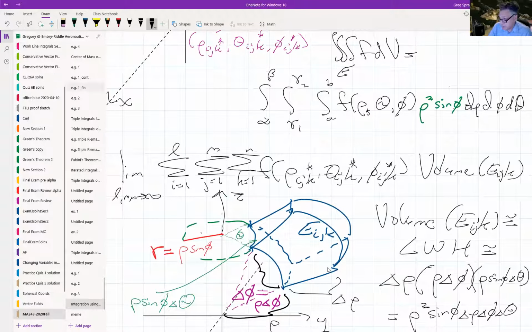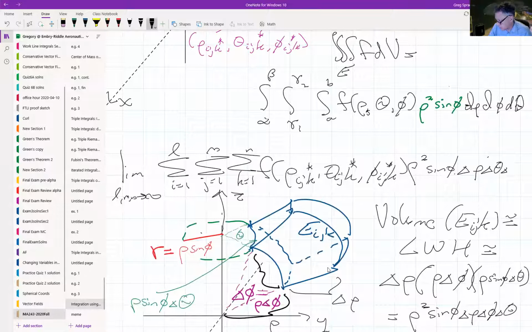So in this triple sum, we can replace the volume of E_ijk with that expression, and the limit will be the same. We replace it with rho squared sine phi times the 3 deltas. And of course, I need the subscripts and the star.